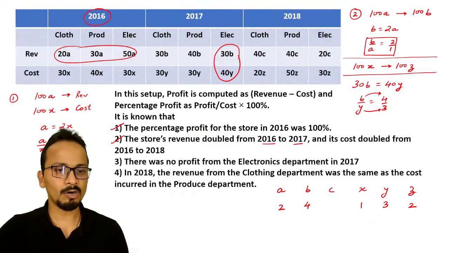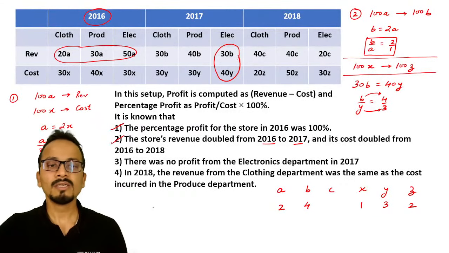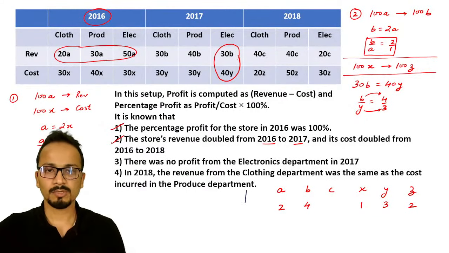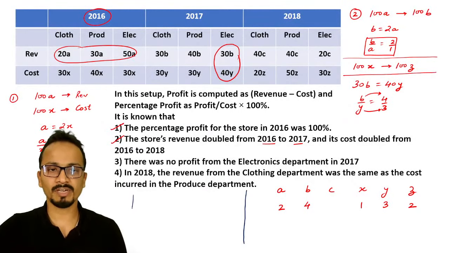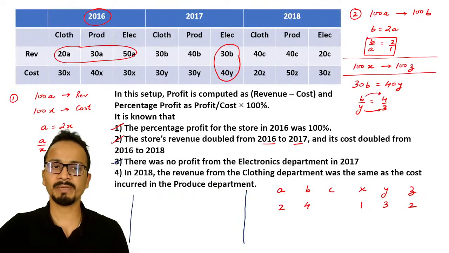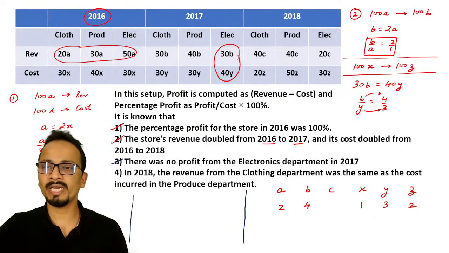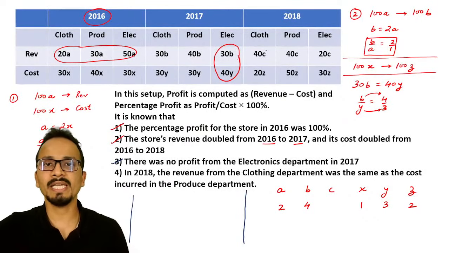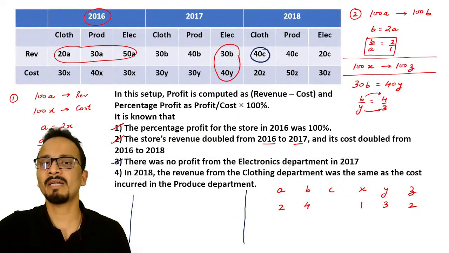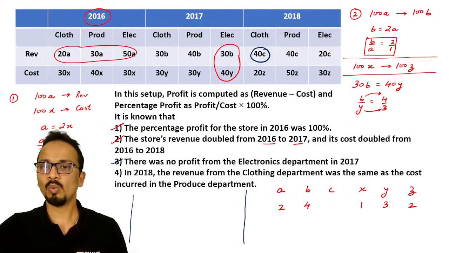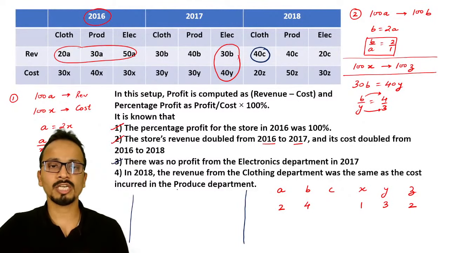Okay, now finally look at the bottom of your screens. I'm doing the rough work here for statement number 4. So statement number 3 is over. Statement number 4. In 2018, revenue from clothing department, look at the table, was same as the cost in produce department.